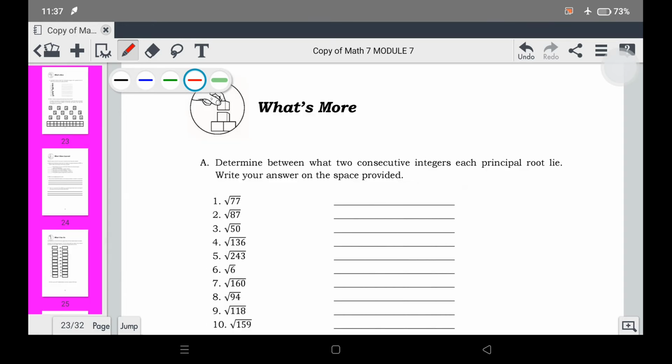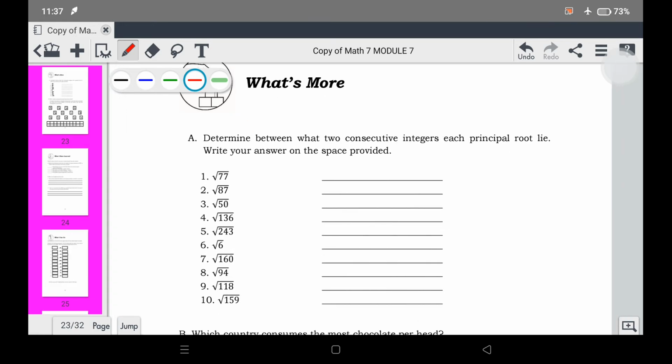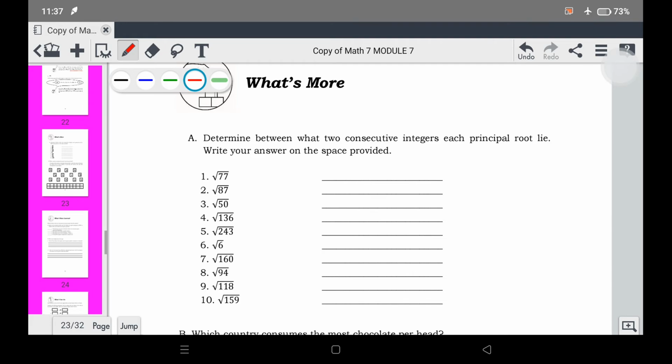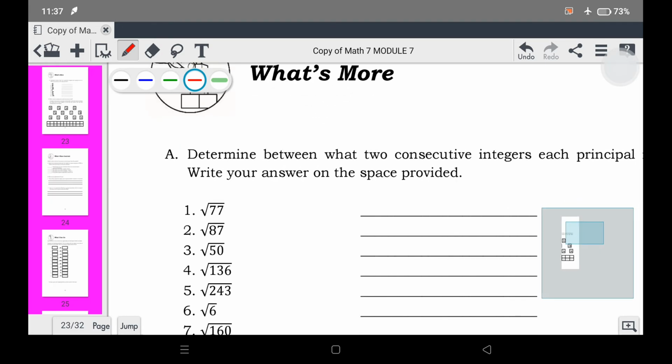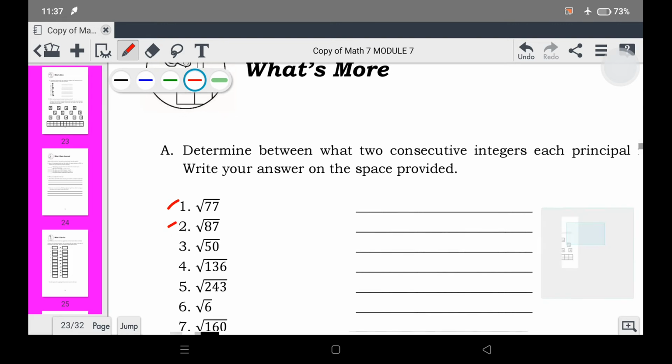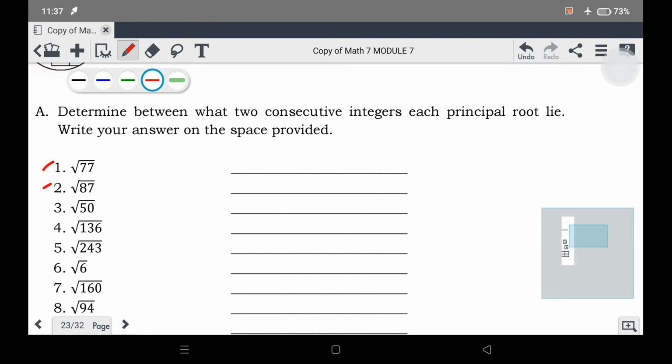Okay. What's more, in this part, the same thing as we did in our previous example, we'll take the perfect squares and the two consecutive integers where it lies. So I'll answer number 1 and 2. For me to answer that one, of course, you have to familiarize yourselves with the perfect squares.